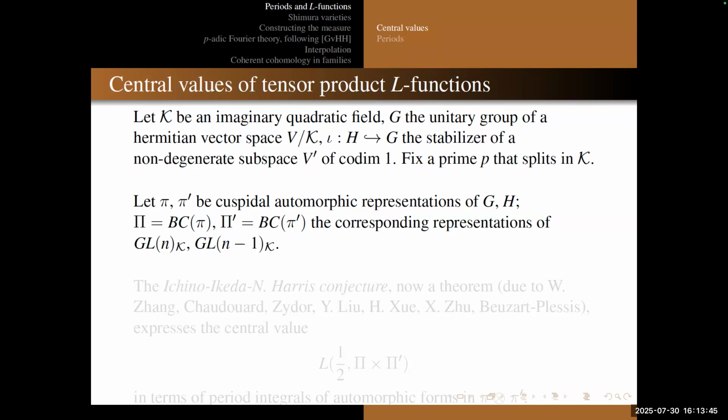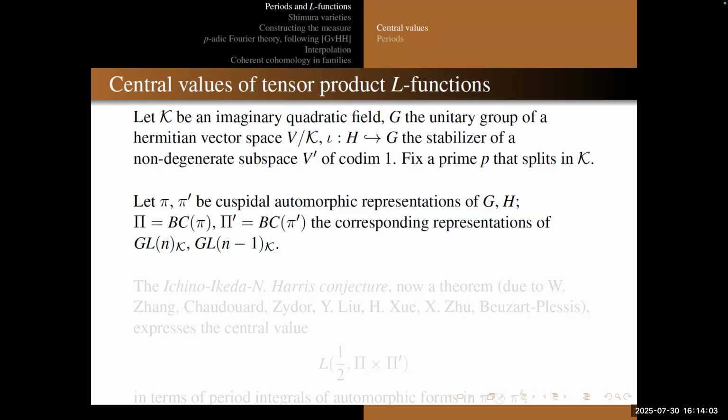So we have capital Pi and Pi prime. And the idea is to study the p-adic properties of special values, or of a special value of this tensor product.